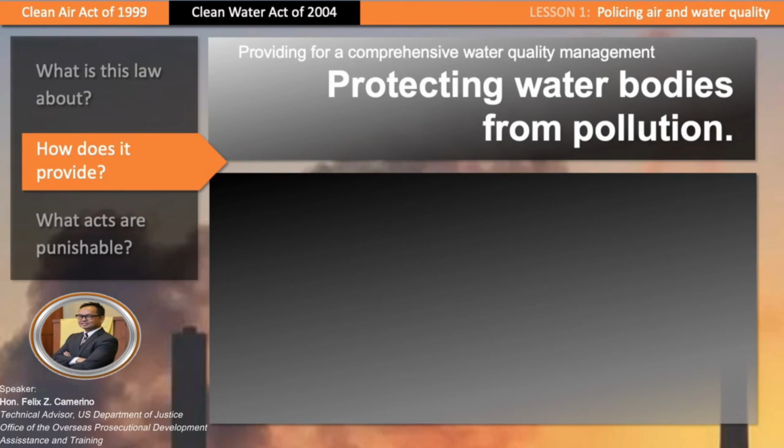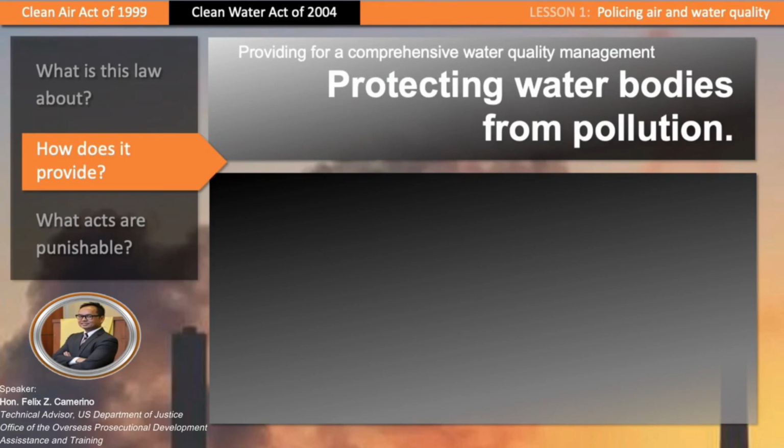All right, so I think that should give us enough, hopefully more than enough, to answer what this law is about. So let us now proceed. Now let's talk about how this law provides such that it meets the objective of protecting water bodies from pollution.